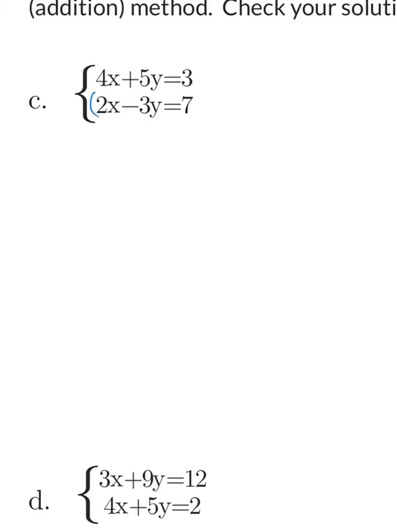So my second equation, I want to multiply by 2, and that'll get me the 4, but remember that we also need opposite signs so that when we add straight down they cancel. So I want to multiply by negative 2. So my first equation, I'm going to leave it the same.